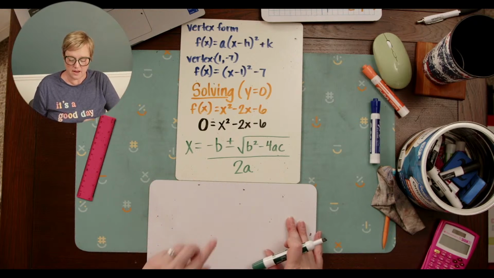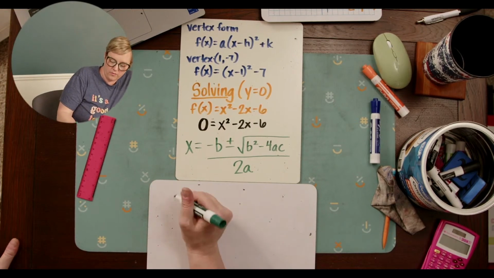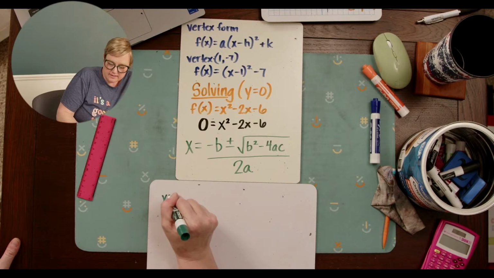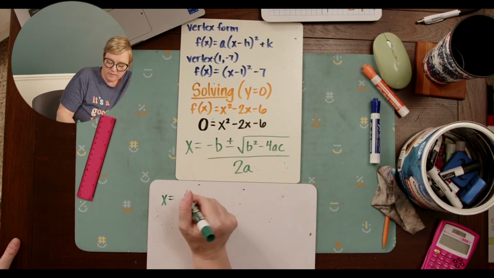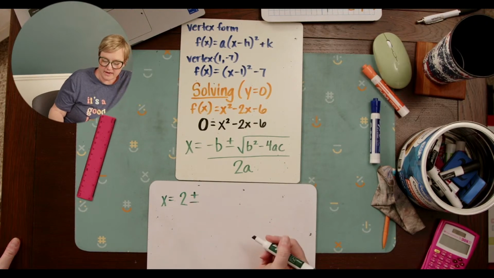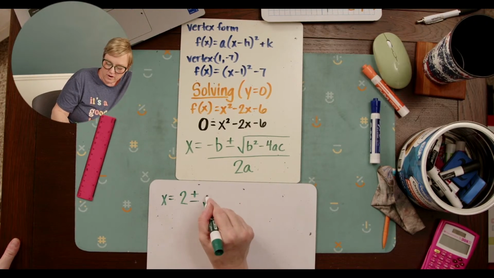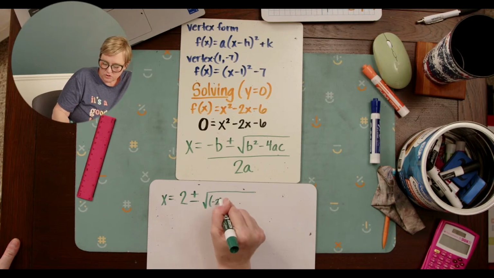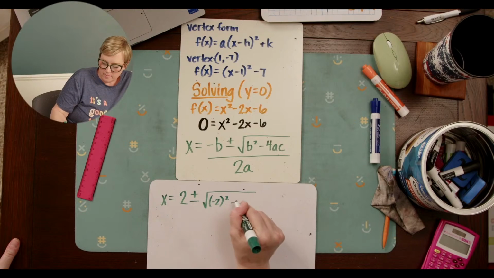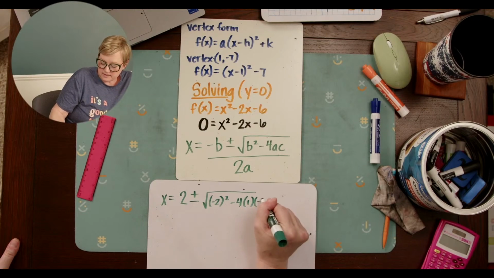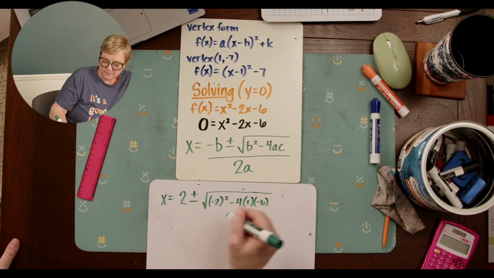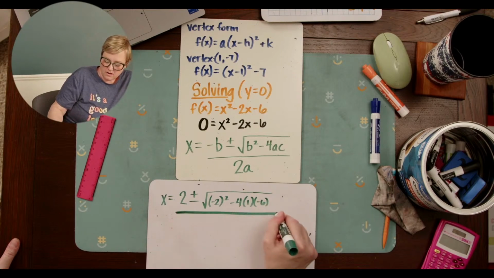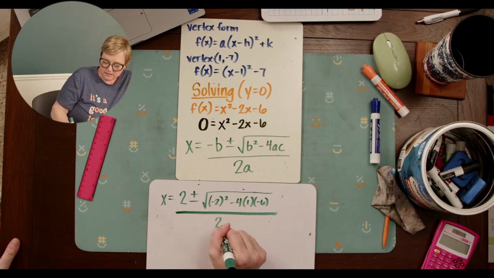So we just plug in the values and we solve. So we have x equals negative negative 2, so that's positive 2, plus or minus the square root of negative 2 squared minus 4 times 1 times negative 6, all over 2a, which is just 2.